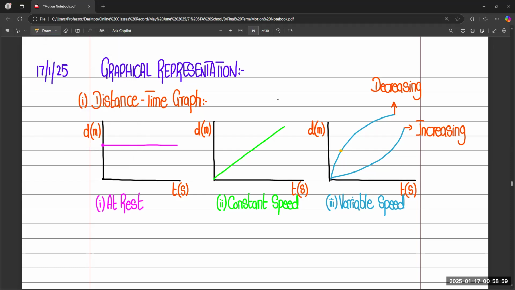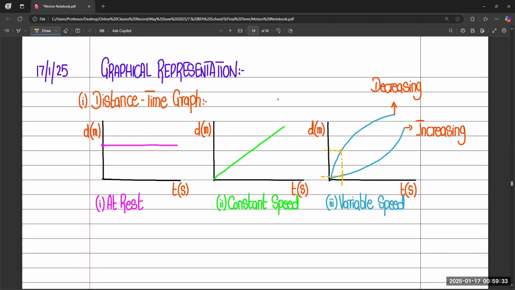If we compare common points on both, you can see the first curve covers a large distance in a short interval of time, but the other curve covers a very small distance in the same interval of time. But after some time, the first curve starts to decline and the second curve starts to incline.